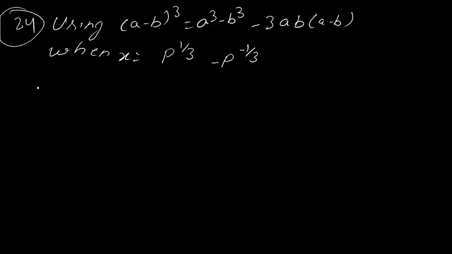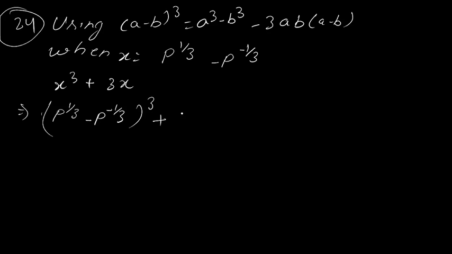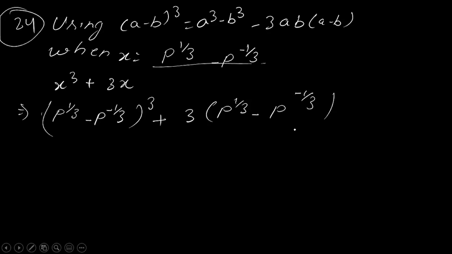If you see the options they have given, every option has x cube plus 3x in common, so we have to equate only this. x cube, where x equals p to the power 1 by 3 minus p to the power minus 1 by 3, whole to the power cube, plus 3x, where x is the value p to the power 1 by 3 minus p to the power minus 1 by 3, am I right?